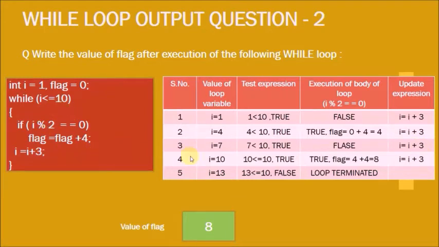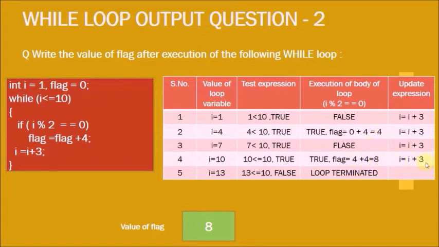So for the fourth iteration, the value of I is 10. We will jump to the test expression. Now 10 is equal to 10. This is true. So we will go to the body of the loop. Now 10 modulus 2 is also 0. So this is also true. So flag equal to flag plus 4. Earlier the value of flag was 4 here. So 4 plus 4 becomes 8.